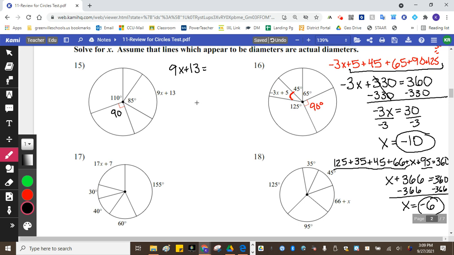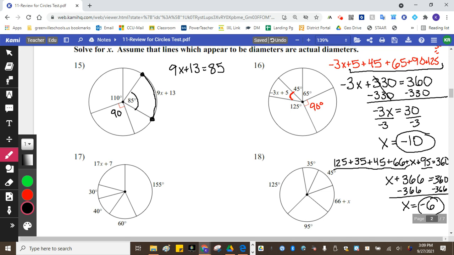A central angle is equal to the arc measure. So you just set those equal and solve.